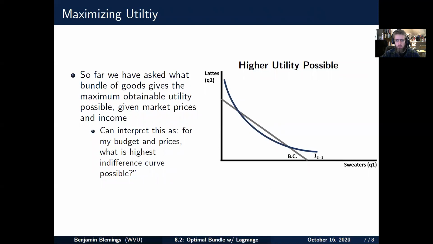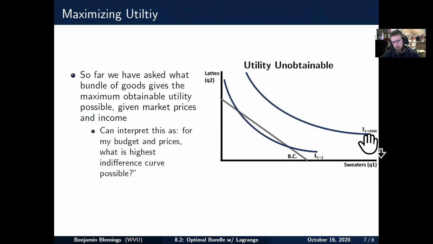And so what about utility equals 5,000? Well, this utility is unobtainable because these bundles of goods aren't on or within the budget constraint. That is, given our income and prices, we can't afford any bundle of goods on this indifference curve.